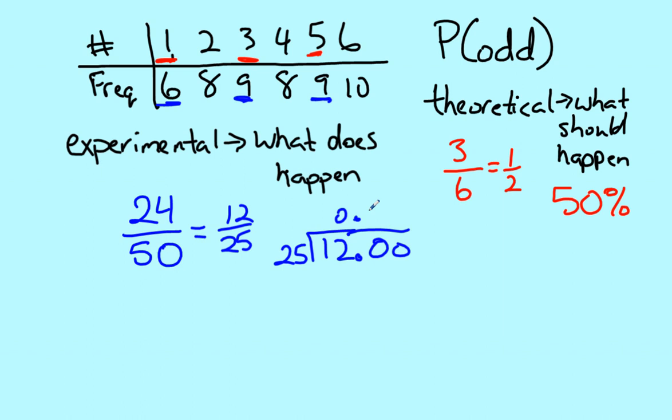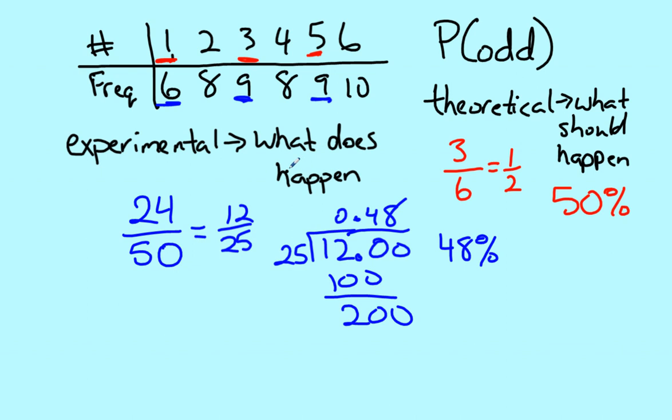And this would be 4 and 100 and then 200. This goes in 8 times. So we get 0.48, and then we'd say move it over a couple times, get 48%. Right? And this will work no matter what the fraction is. Right? Dividing will always get you there. Fraction to decimal, decimal to percent.